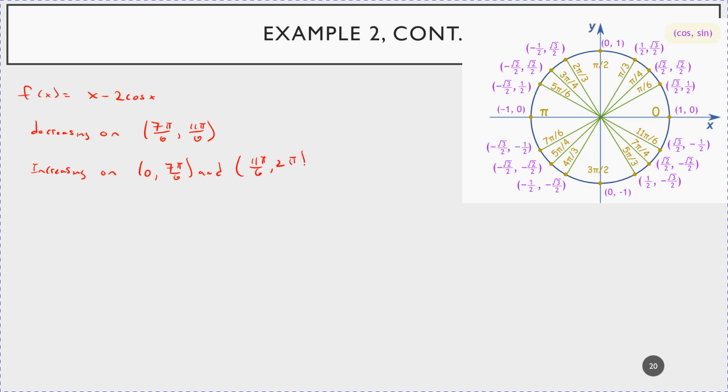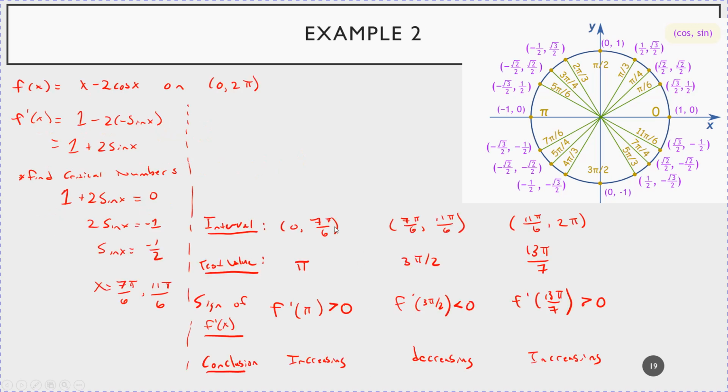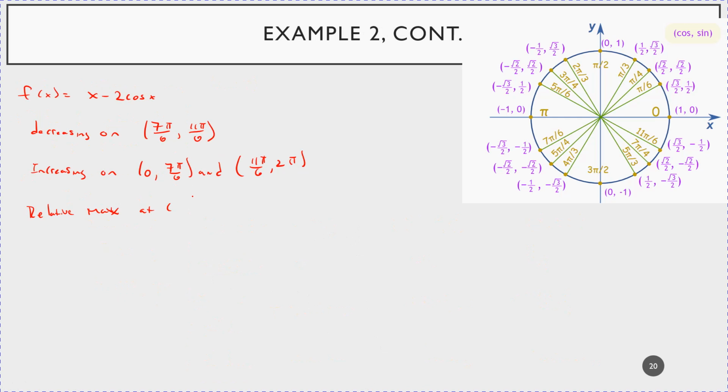Okay. And now look, we saw that it had a relative max at the point where it changes, at 7 pi over 6. So that's at the point 7 pi over 6 comma f of 7 pi over 6.